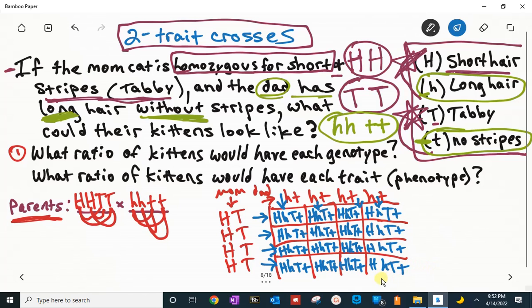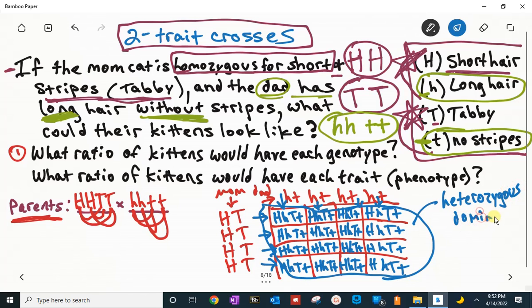So it looks like in this scenario, all of their kittens would have the same genotype, a heterozygous dominant genotype, because they have one dominant and one recessive for both of these traits.